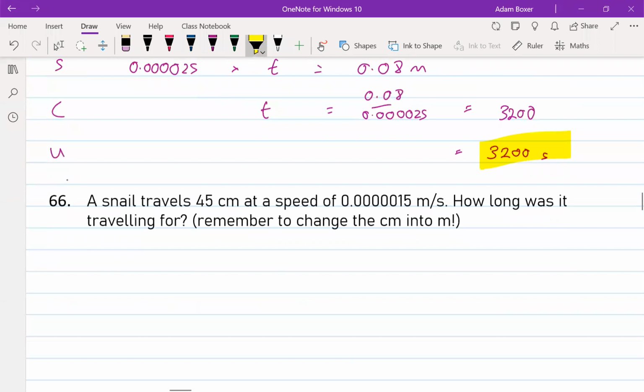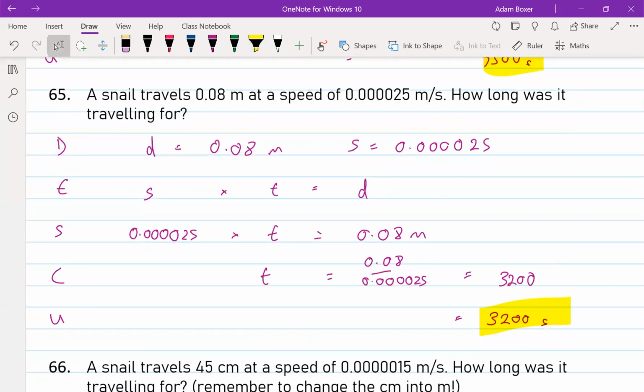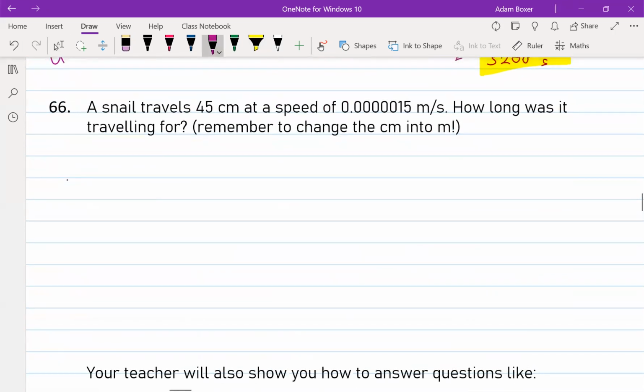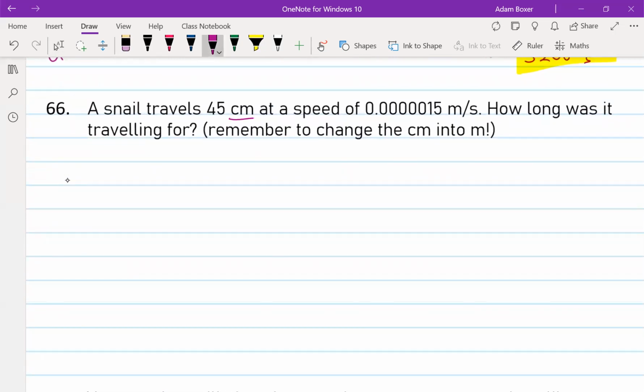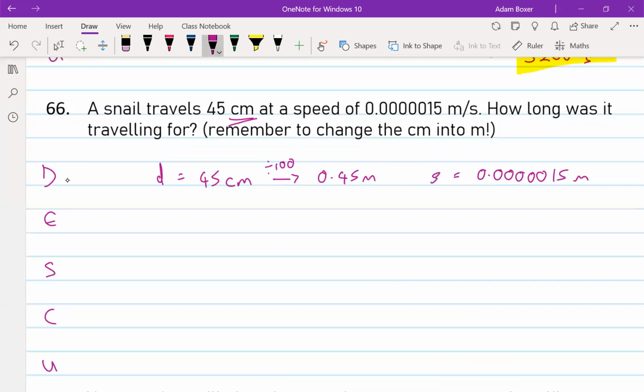Last one. And if you didn't get it right, of course, make your corrections. This was the tricky one because you had to change centimeters into meters. Again, it's not that tricky because we've done this before many, many times. You guys are perfectly capable of doing it. I've got distance equals 45 centimeters, which I immediately need to change into meters. Divide that by 100. So I get 0.0.